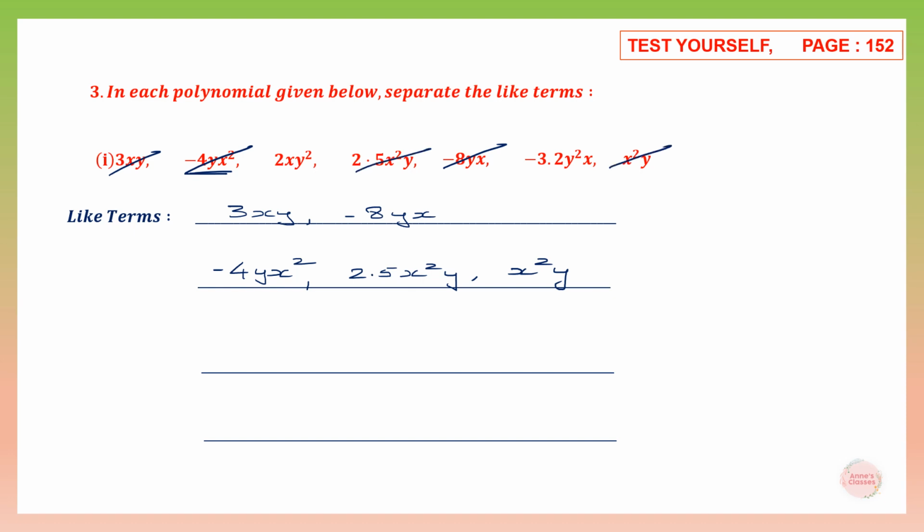Now the next one is this x y square. So that is 2x y square. Now look for 1x and 2y's. So we have only this left. This is 1x and 2y's, which is minus 3.2 y square x. So we have separated all the like terms and we put like terms in different rows.